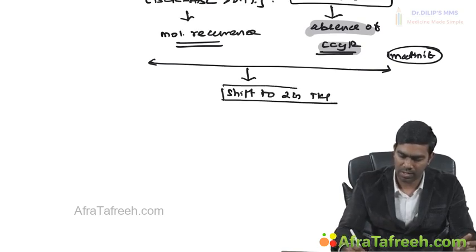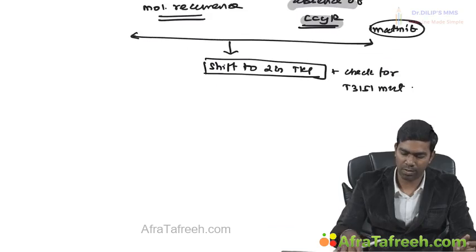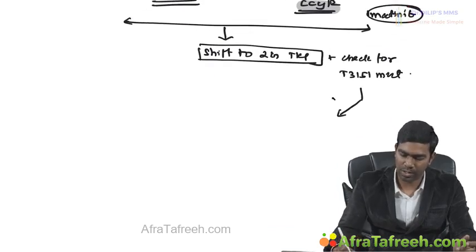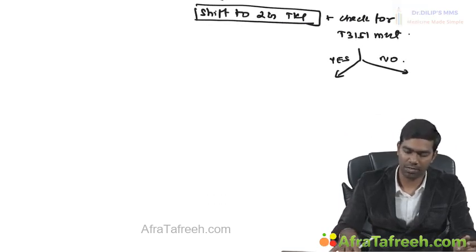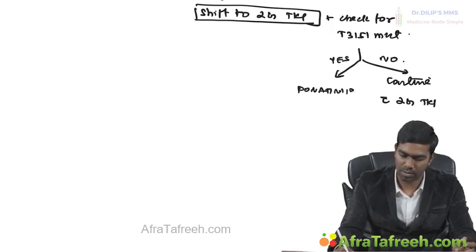Shift to a second generation TKI and check for T315I mutation. As I told you, if the T315I mutation is negative, we can continue with the second generation TKI. If it is positive, you have to definitely shift to ponatinib.